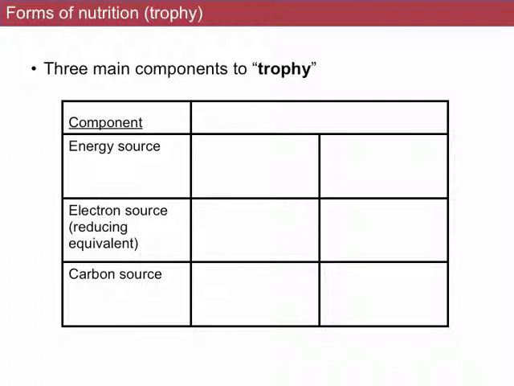So then if we look at the electron source for different organisms, some organisms scavenge their electrons from inorganic compounds, like sulfur. Those are called lithotrophs. Some get their electrons from organic compounds like sugars. Those are organotrophs. For carbon source, some get their carbon from what are called C1 compounds.